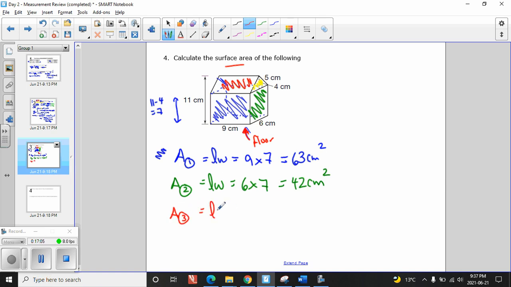It's a rectangle, so I'm using length times width again. This is 9 centimeters across. And I need to figure out this length, which is the same as this one. It seems like this house is symmetric, the front and the back. So I'm going to assume that if the back here is 5, so is the front. There's nothing there telling me otherwise, so I'm going to assume they're the same length. So 9 times 5 is 45 centimeters squared.